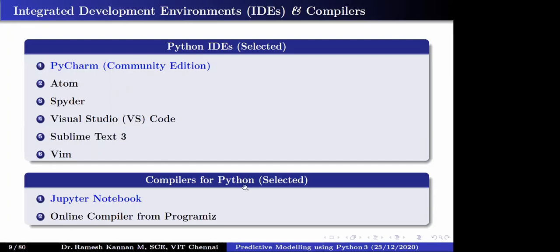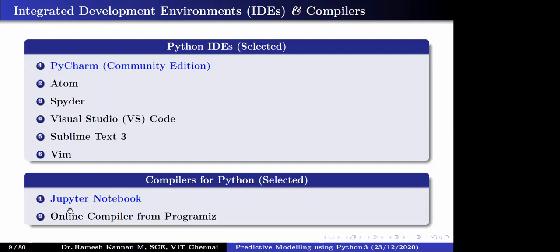And compilers for Python. The first thing is Jupyter Notebook, which is what we'll be using throughout this lecture. It is very easy, open source and free, and its documentation is pretty good, so you can use it for sending your code to your friends or keeping it as a repository.